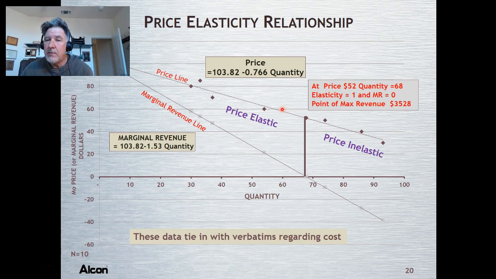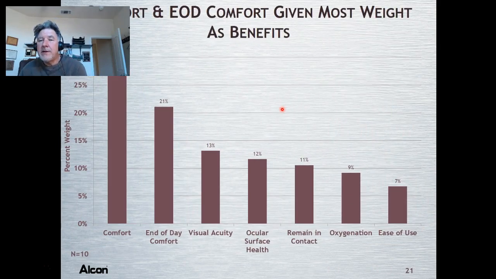With these individuals, we had additional questions in our survey. The first set of questions covered 7 benefits, from comfort to ease of use. If you put them all together so they add up to 100%, distribute them out.